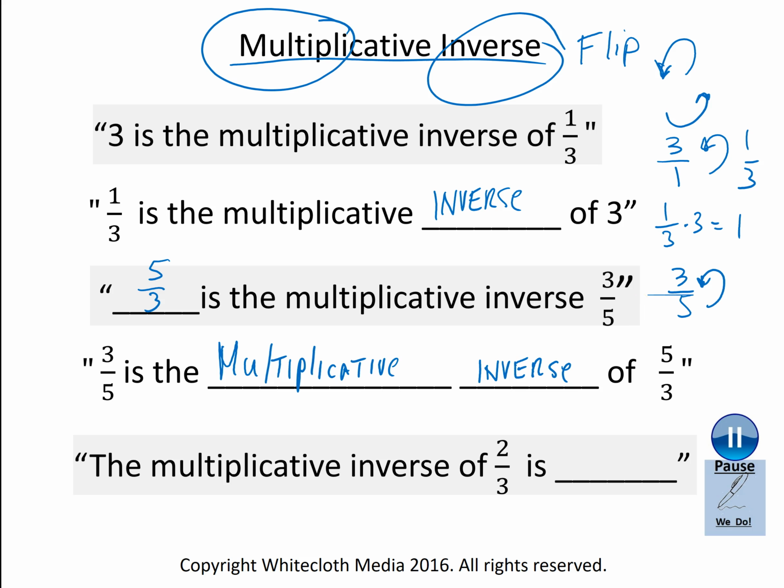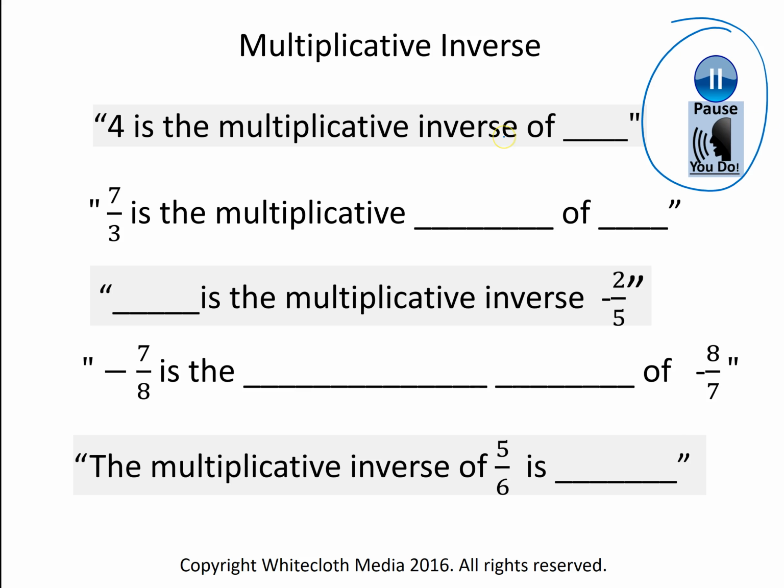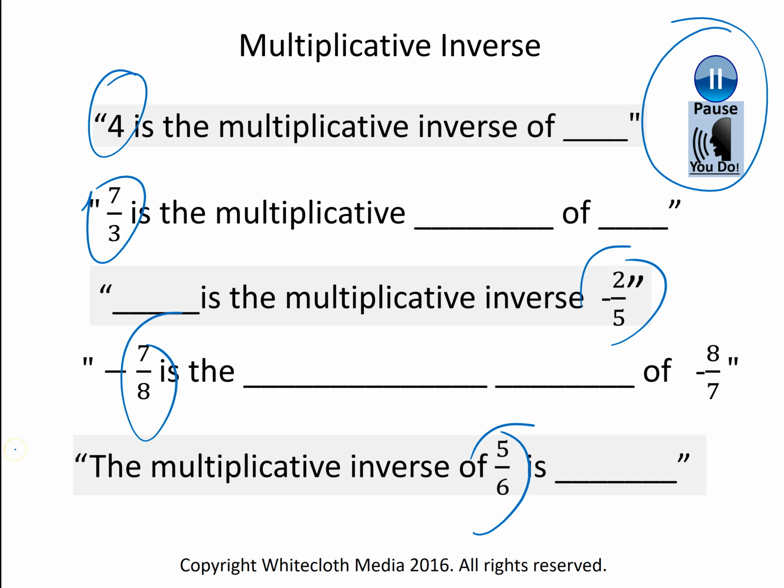And the multiplicative inverse of 2/3 is 3/2. Okay? All right, so I want you to do this. I want you to tell me what the multiplicative inverse is of these five numbers.